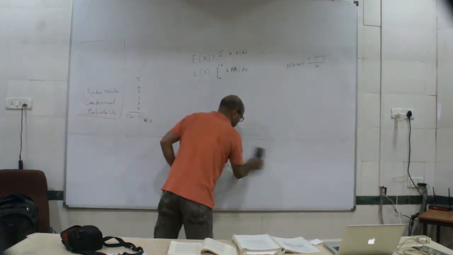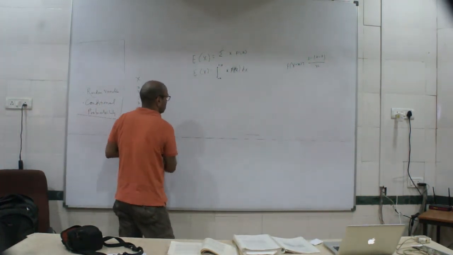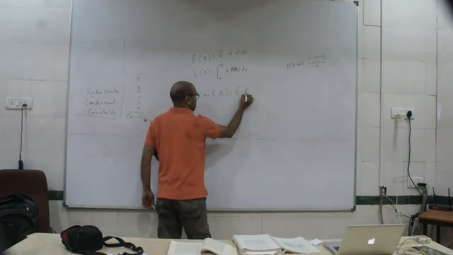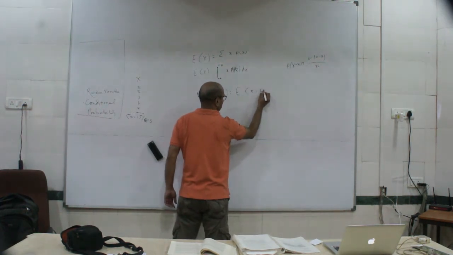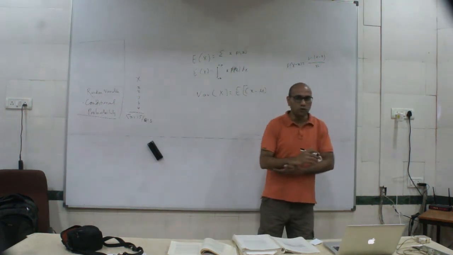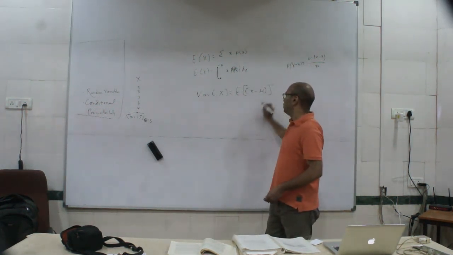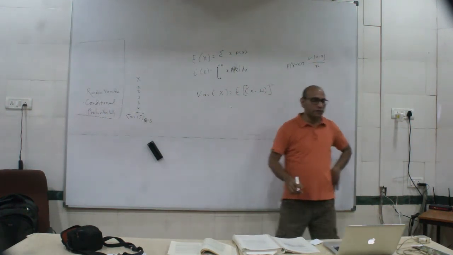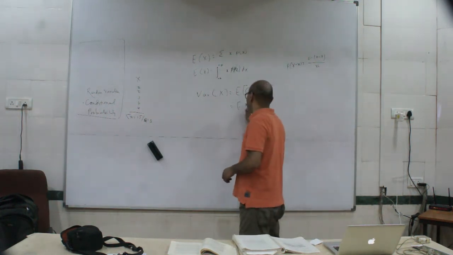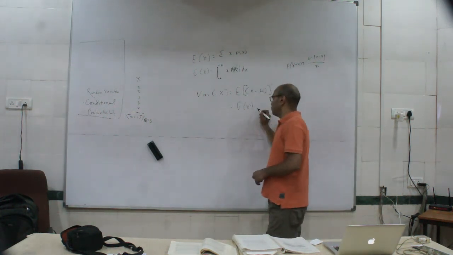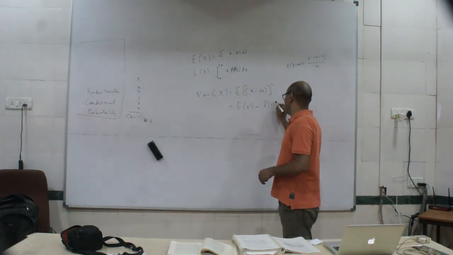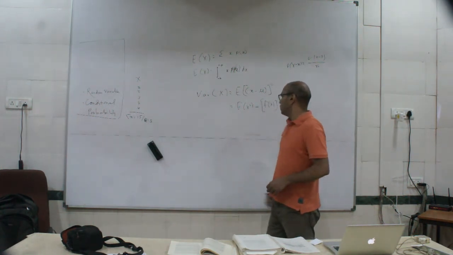is obtained by expectation x minus mu the whole square. That can be written as expectation x square minus expectation x the whole square. Expectation of x square minus expectation of x the whole square.